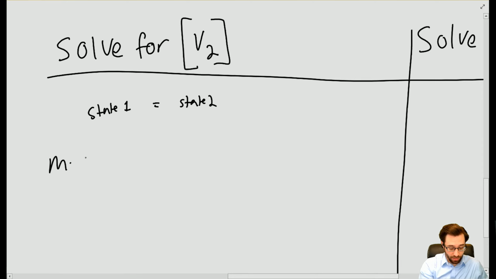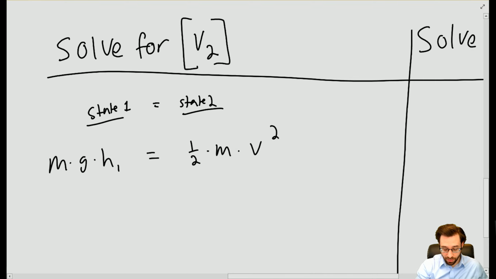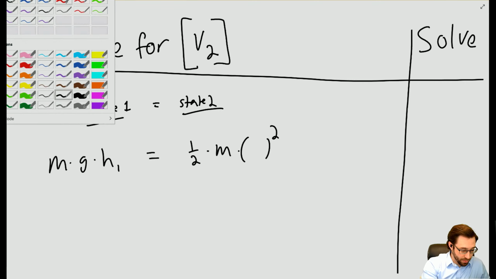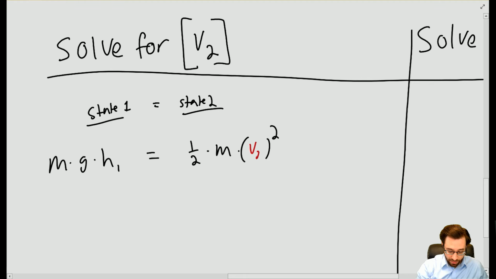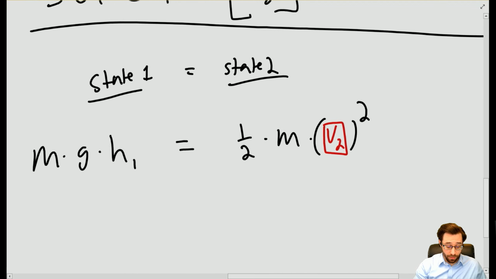So M times G times H1, and then 1/2 times the mass times the velocity squared. Since I'm solving for the velocity, that's going to be velocity at state 2. So this is my equation. I have one equation and one unknown. I want to solve for V2, to get that by itself. So how do I do that?